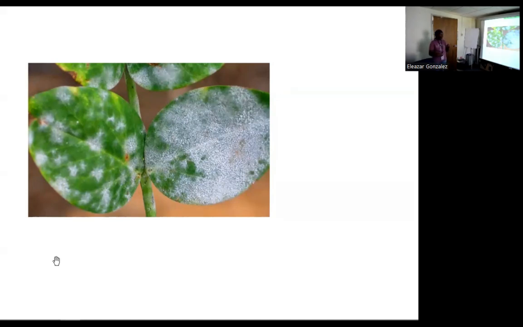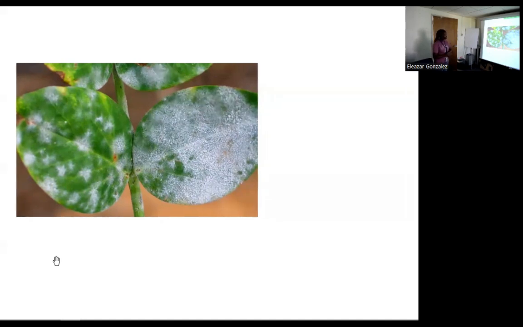Remember, a symptom is a change in the plant's appearance compared to the normal plant, whereas a sign is the presence of the pathogen or its parts. And this is mycelia, a fungal structure. So would you say that's a symptom or a sign? It's a sign. That is a sign. Next one, please.